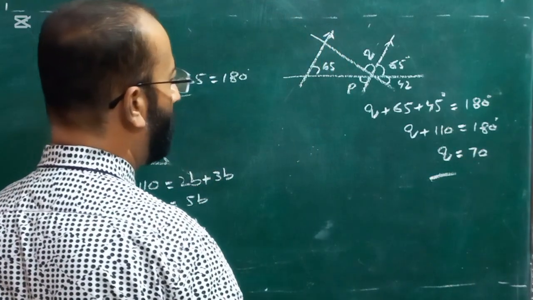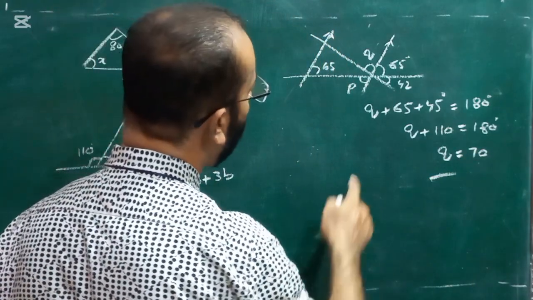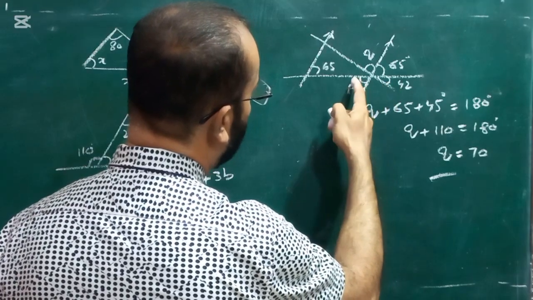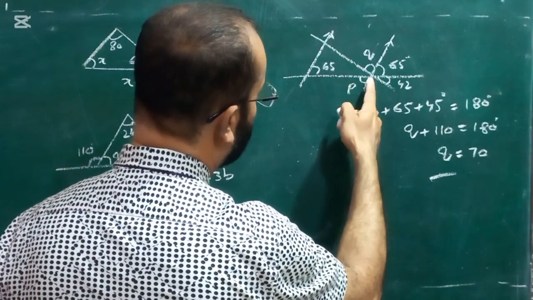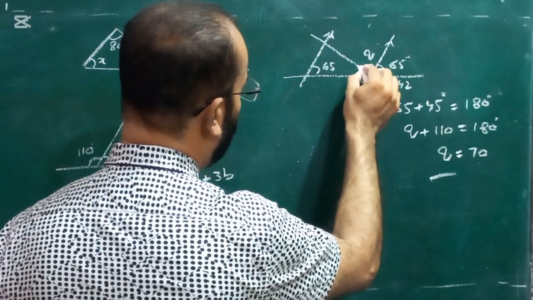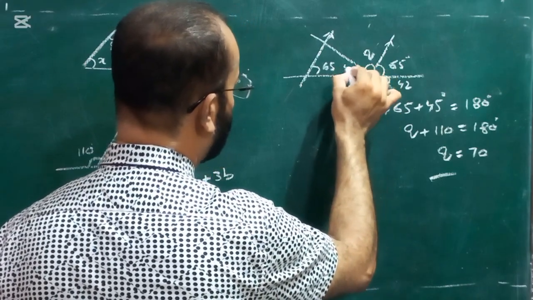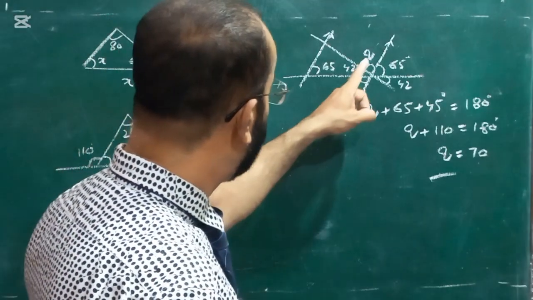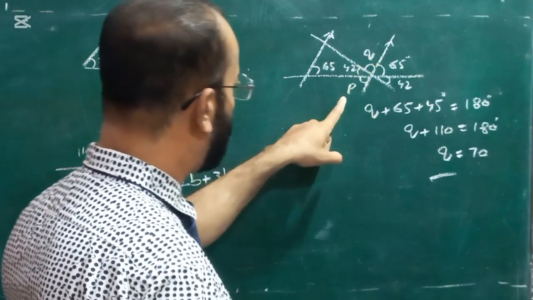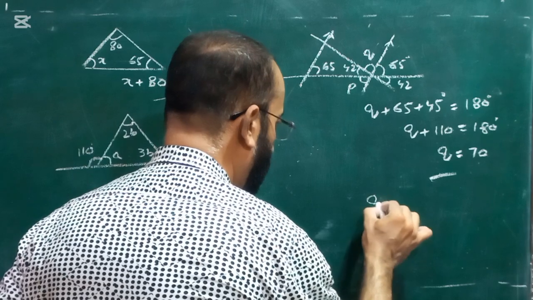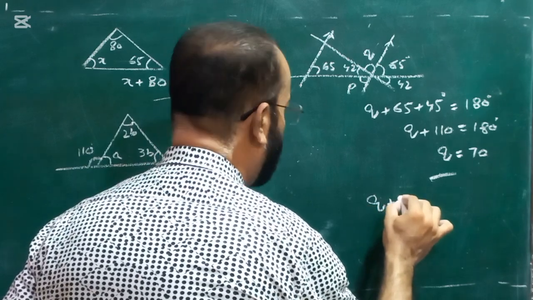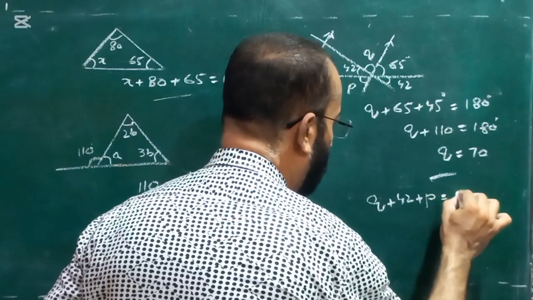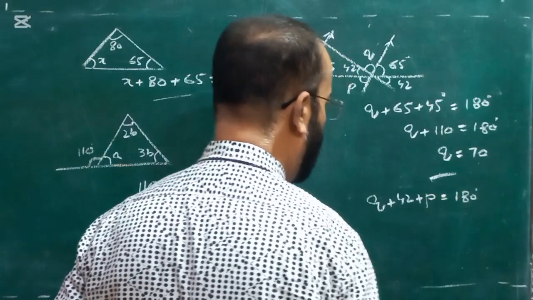So if Q is 70, now look at this angle 42. These are two intersecting lines, so this angle will also be 42 because of the vertically opposite angles. So look at now Q plus 42 plus P. These are the sum of the angles on a straight line, should be equal to 180.